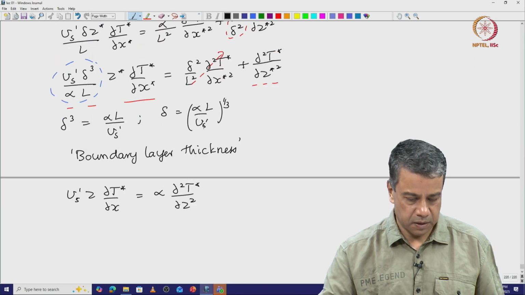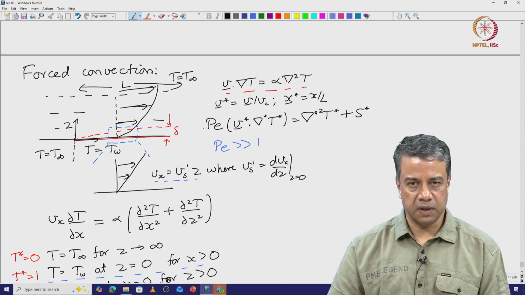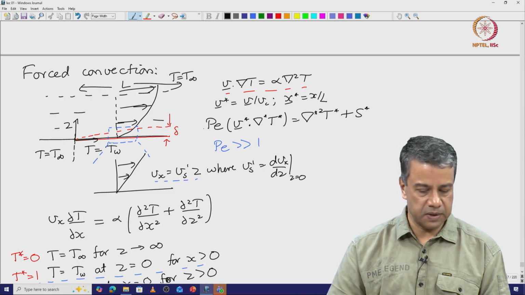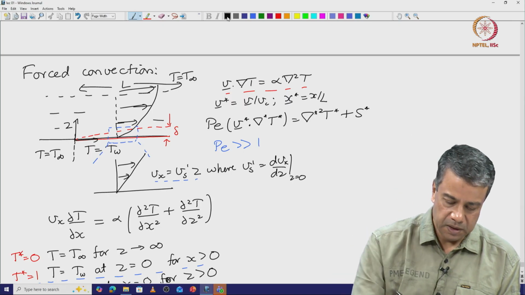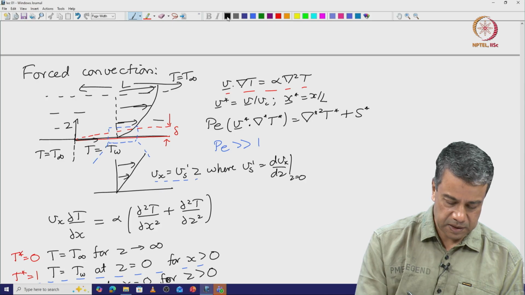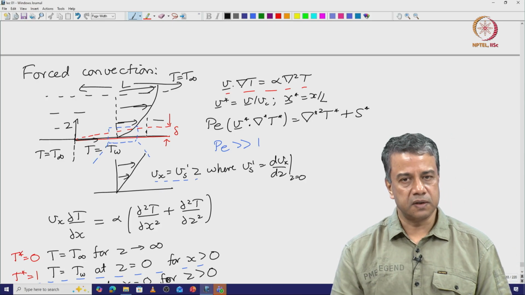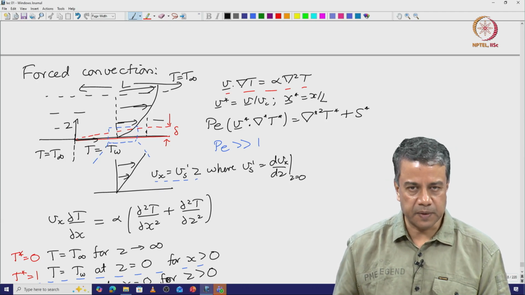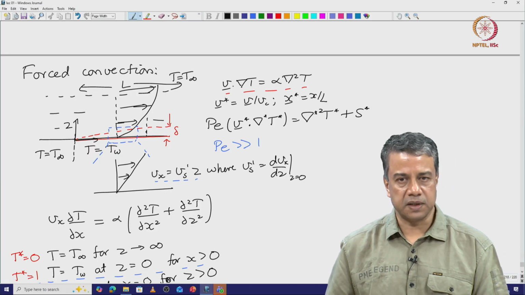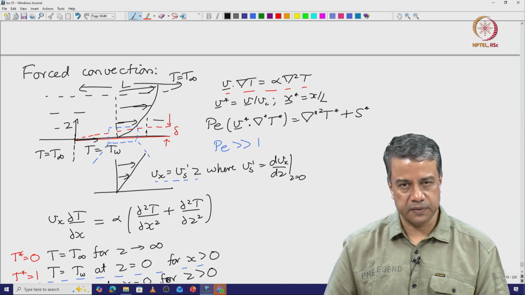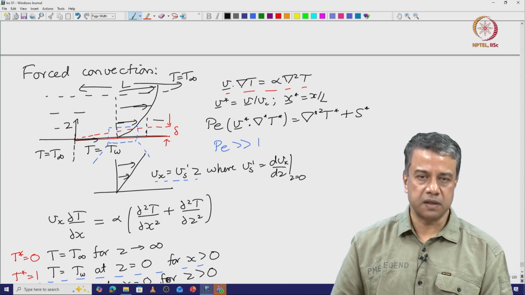Now, there is one more simplification that we use in this case. At a particular x location, there is diffusion perpendicular to the surface, that is cross stream diffusion, and there is streamwise convection downstream.